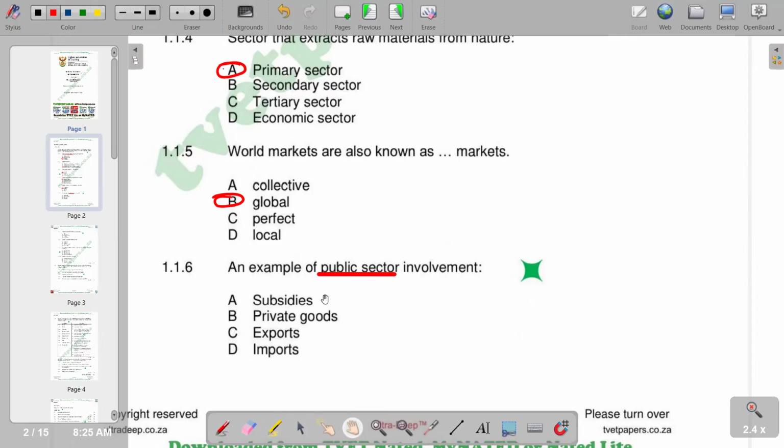So, as we are saying, the public sector is part of the economy that is controlled by the state. The one within that context is the subsidy. Remember, a subsidy is a sum of money granted by the state or any public body to help any industry or business keep the price of goods or services low. So the main objective of the subsidy is to reduce the price to protect the consumer.